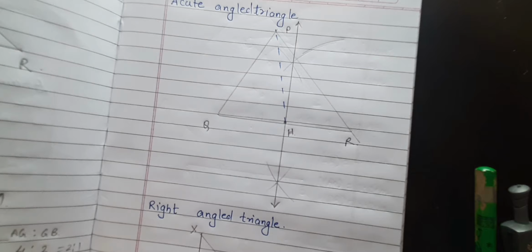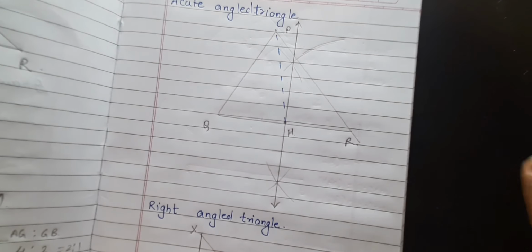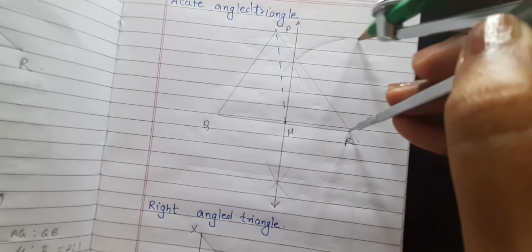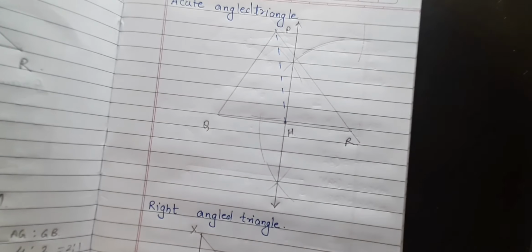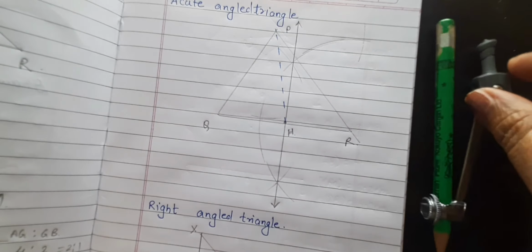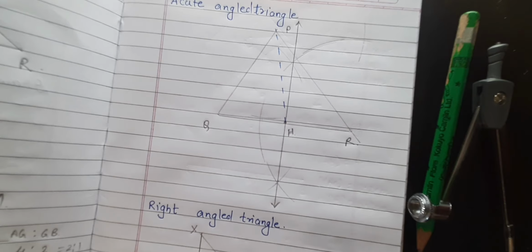Okay. Now I'll be drawing for PR. Right? Did I get the point of intersection from point R? Yes, it is there. Here I have to extend a bit. Now I'll be drawing a line.